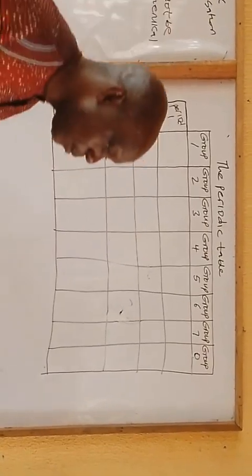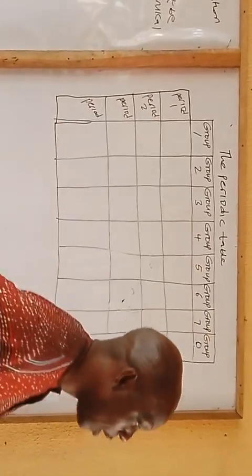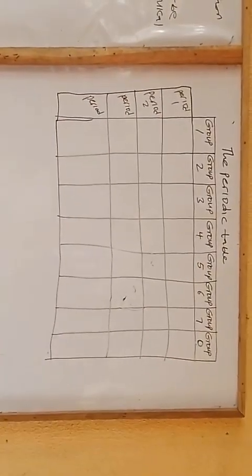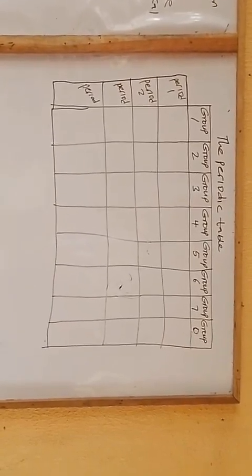Yes, in our last class, we studied periodic table 1, where we introduced the meaning of elements and some examples of elements with their symbols. So in our class today, we want to look at the outline of the periodic table.